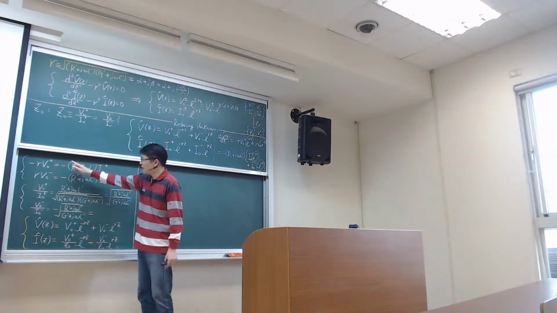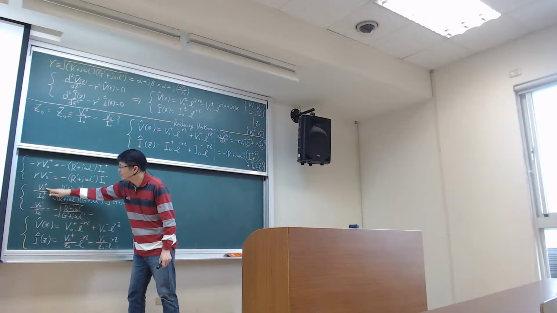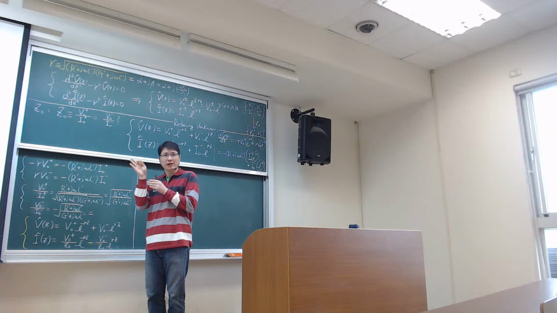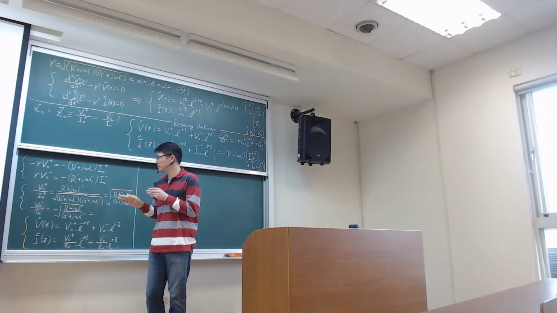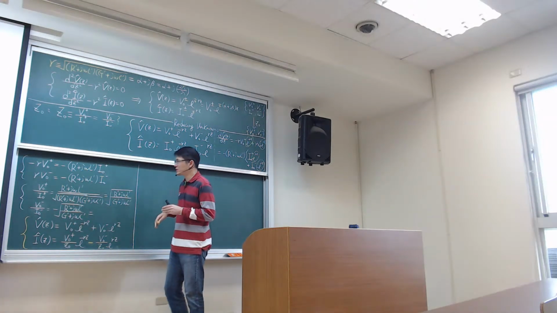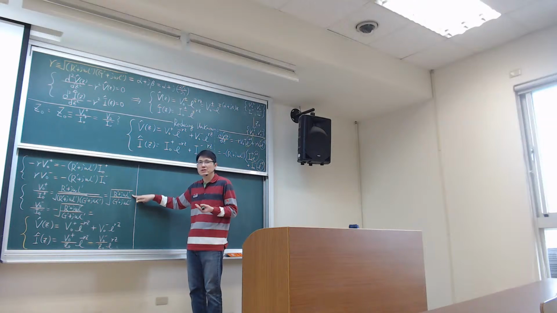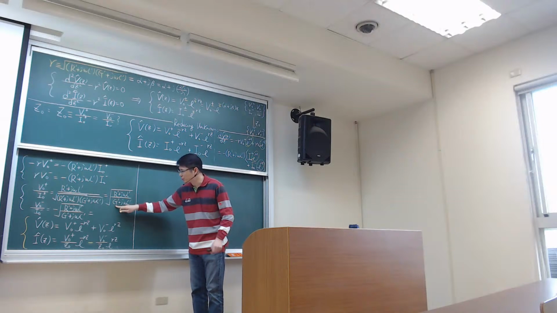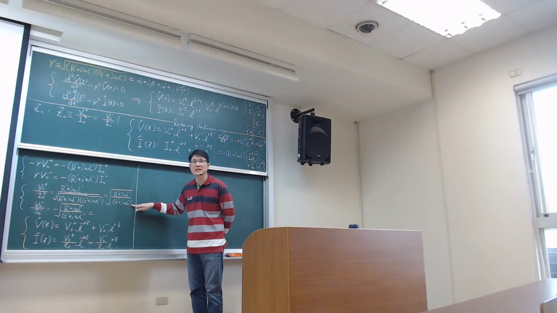So now from this, I can have V0 plus divided by I0 plus, which should be my forward propagating characteristic impedance. After some messy derivation, I have basically a pretty nice result: square root of (R prime plus j omega L prime) divided by (G prime plus j omega C prime).